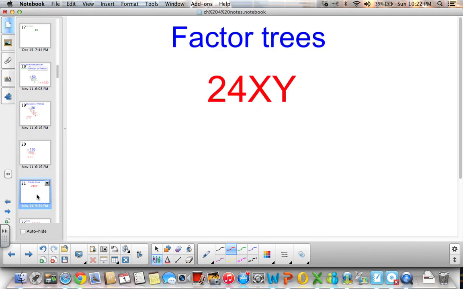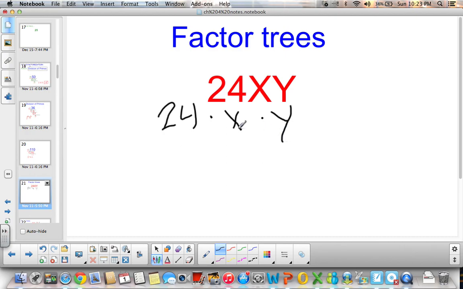And then the last thing that we're going to talk about is if we have a number with a variable, which we can remember is an algebraic expression. So we can also prime factorize these types of expressions. So I'm going to rewrite this as 24 times x times y.